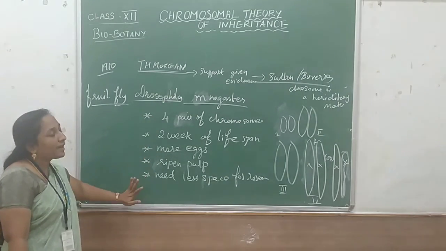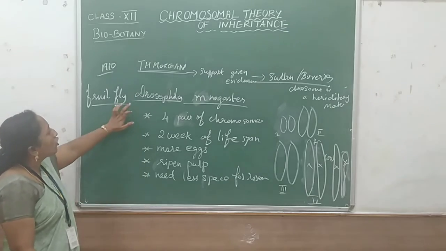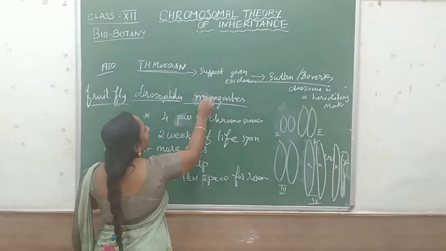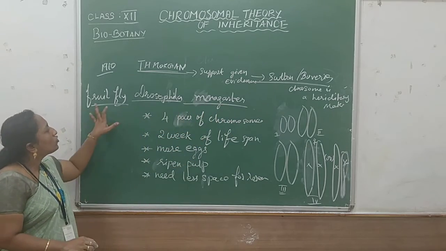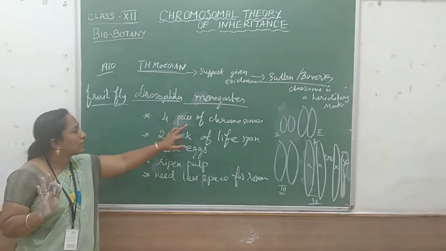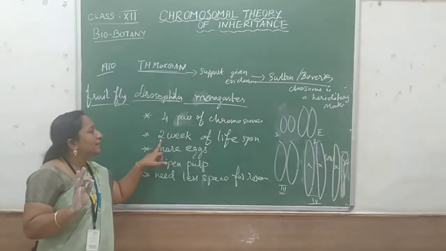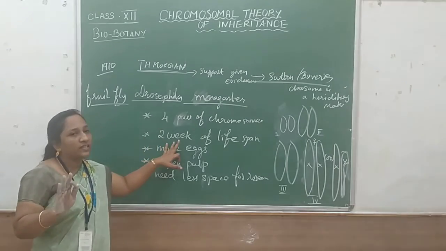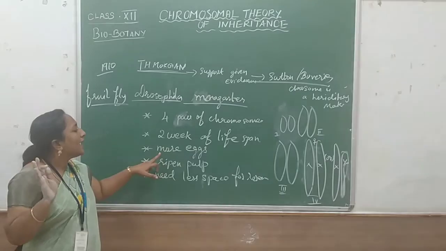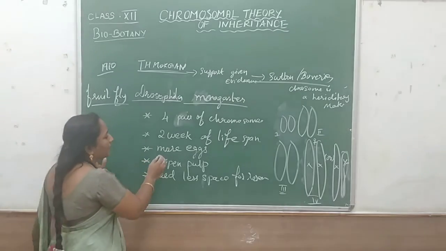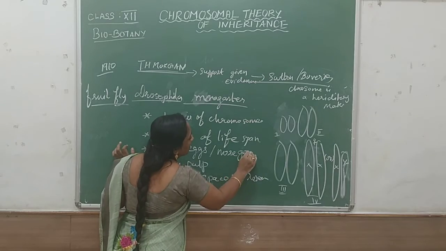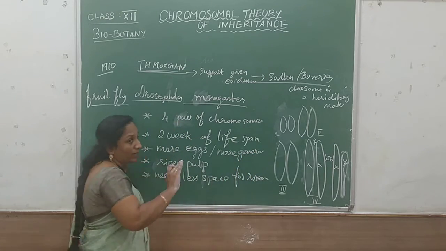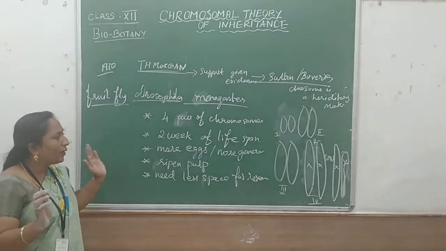These are the main advanced characters of Drosophila melanogaster, the fruit fly. It has 4 pairs of chromosomes, and its lifespan is only 2 weeks. It produces more eggs and can give more generations in a little duration.